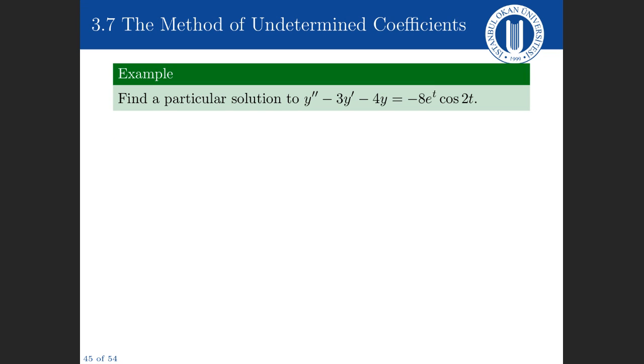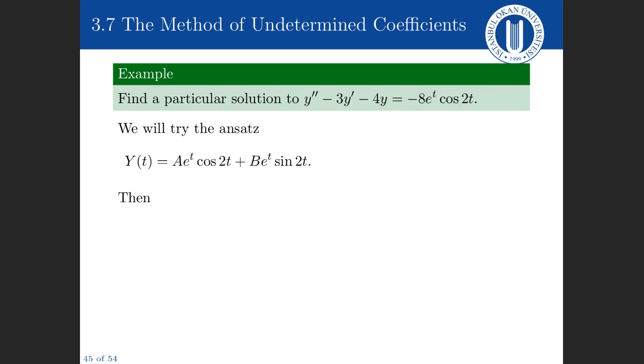Next example. Find a particular solution to y double prime minus 3y prime plus 4y is equal to minus 8 e to the power t cos 2t. We look at our function on the right-hand side. Minus 8 is a number. Then we have an exponential function, e to the power t, and then we have cos 2t.